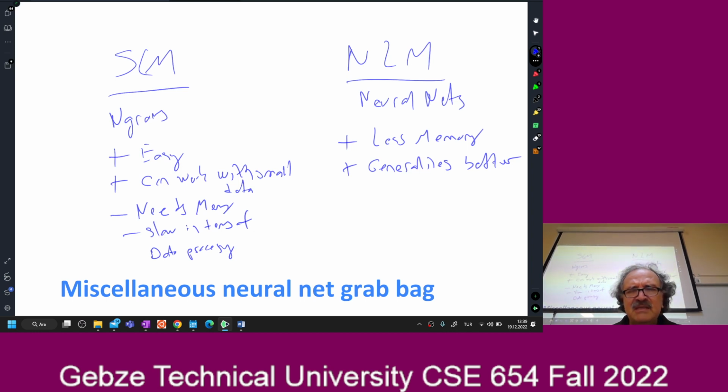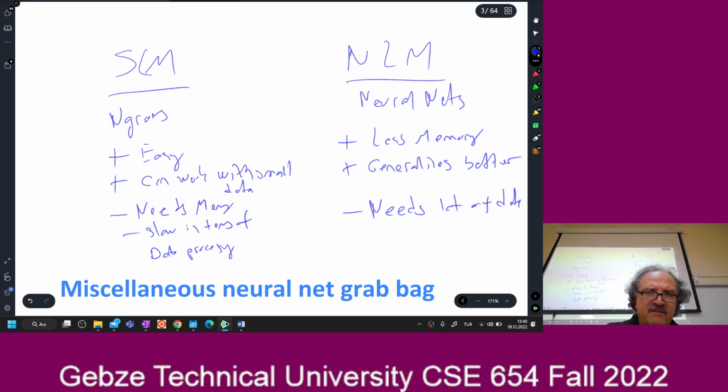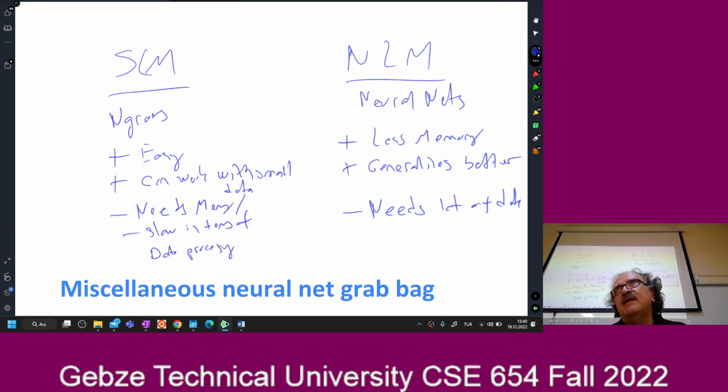What are the minuses for the neural language modeling? Needs lots of data. Maybe this needs memory is kind of, if you are smart, maybe you don't need lots of memory, but how smart you are doesn't matter.